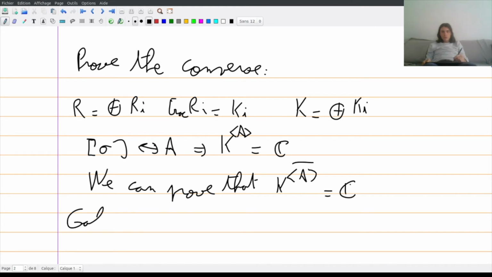So the Galois correspondence implies that the Zariski closure of A is the Galois group.